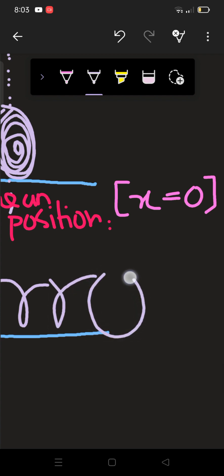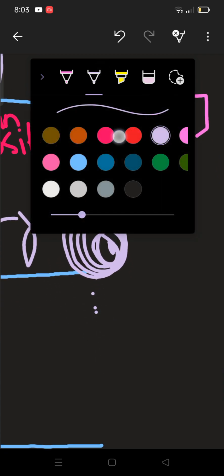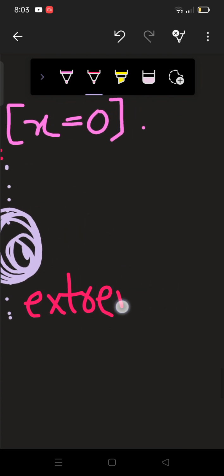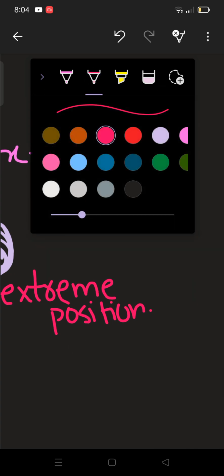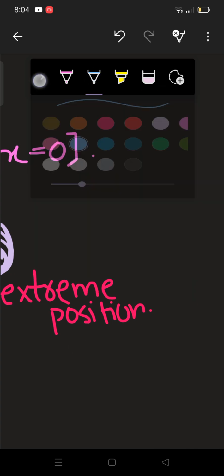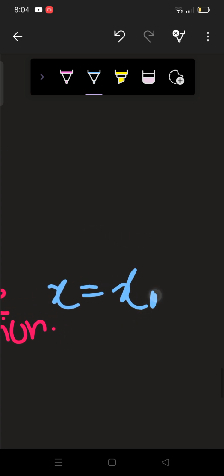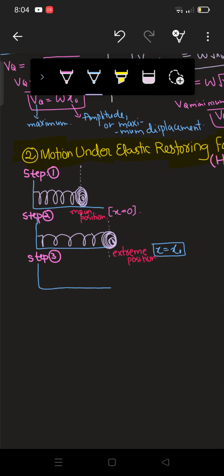And here displacement would be equal to x naught, or you can say amplitude, since amplitude is the maximum displacement from mean to extreme position, right?